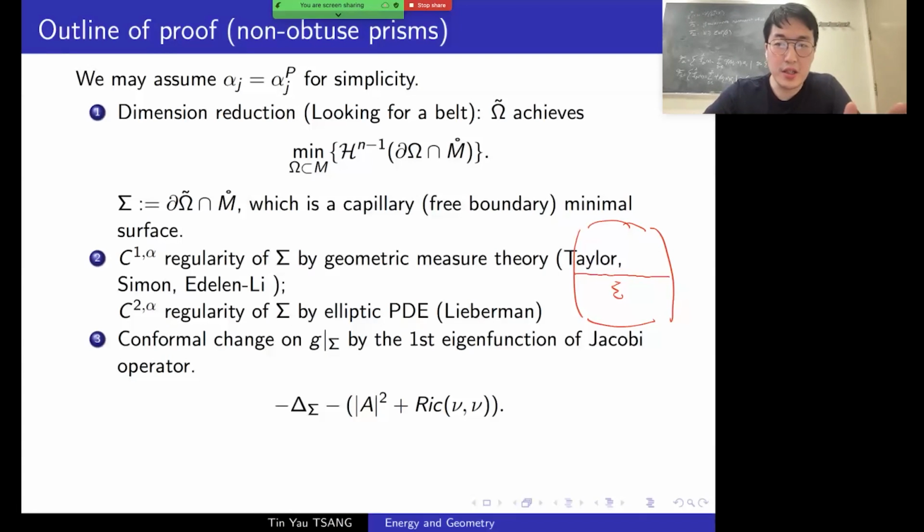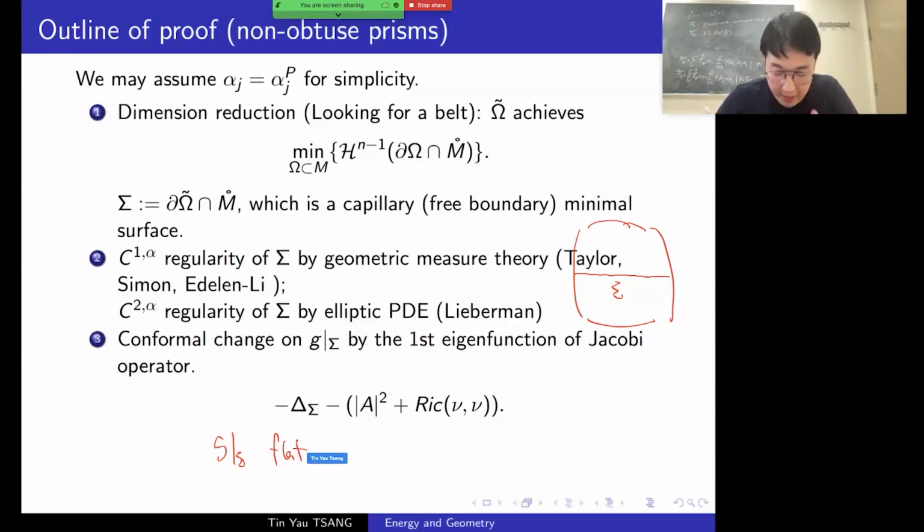And then for the metric induced on this sigma, because it is an area minimizer, we can use the first eigenfunction of the following Jacobi operator to do the conformal change on it. And then by tracing all the inequalities, we can tell that g sigma itself is flat.